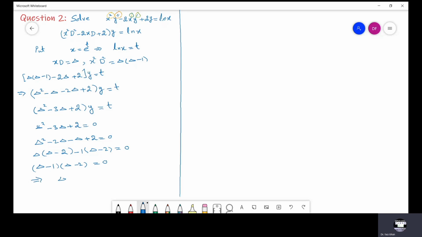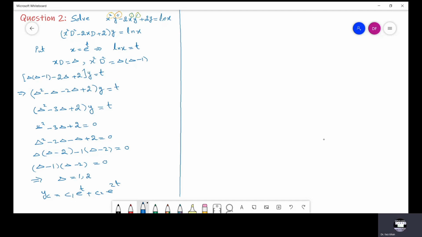So we have two roots. Delta is equal to 1, comma 2. These are real and distinct roots. So yc, the complementary function, is equal to c1 e power t plus c2 e power 2t.